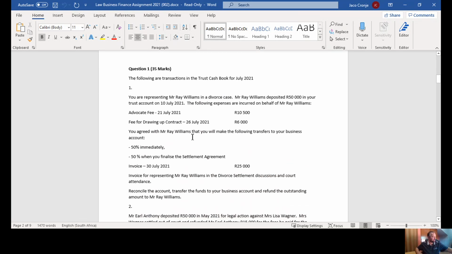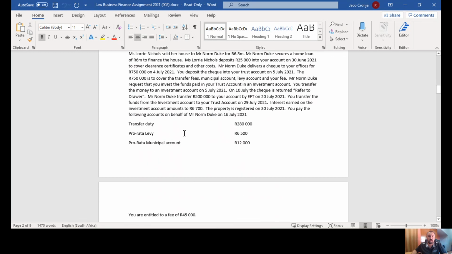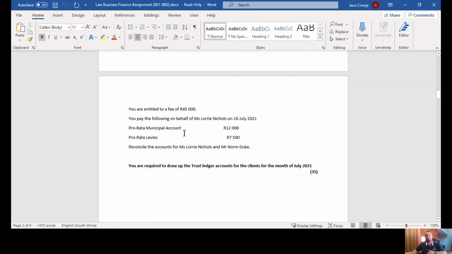I just want to open it on my side where I've made some notes. Before we start with question 1, I'm going to scroll down. I first want to go through the required so that we know what they're going to expect of us, and then we can read the question itself with a bit more knowledge of what we are aiming for.